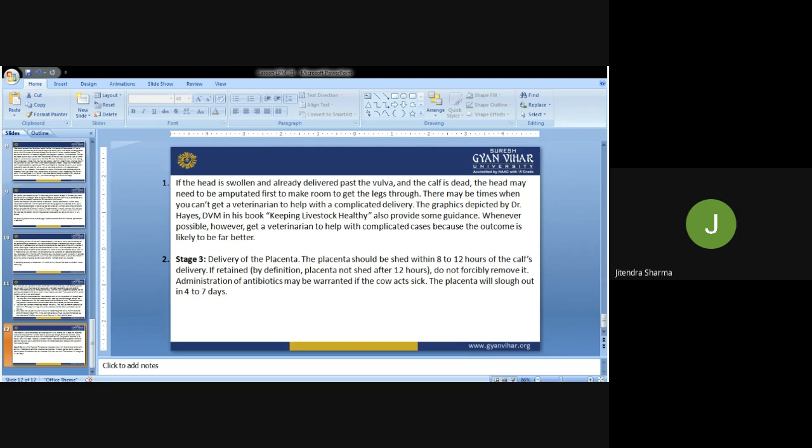The lochia should disappear within 3 to 5 days after parturition. The colostrum, the initial milk production required for the development and growth of the newborn, should be over within a week. Only then will we have good milk production that can be used for commercial purposes.